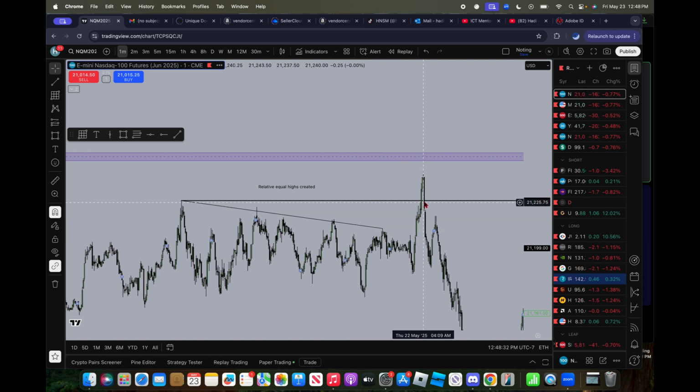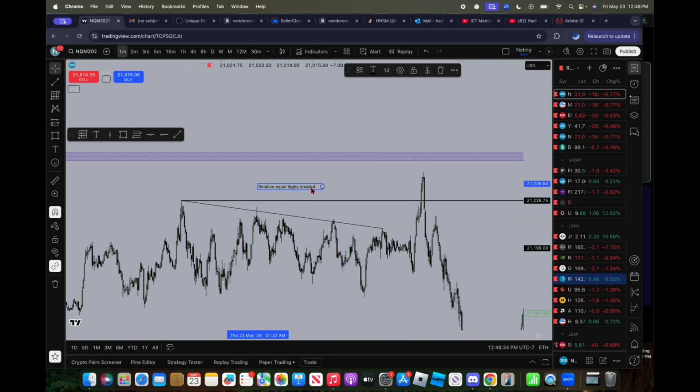And then when it comes to sweep that buy side, or the relative equal highs, it sweeps the relative equal highs with a singular candle. And then it spends some time above it, which is fine, like 1-2 candles. Because I think in ICT's rules he mentioned it needs to spend at minimum 1 candle up here.